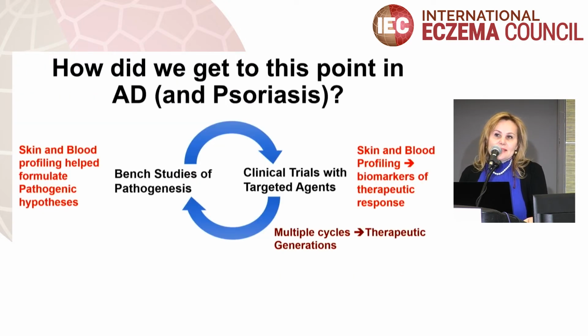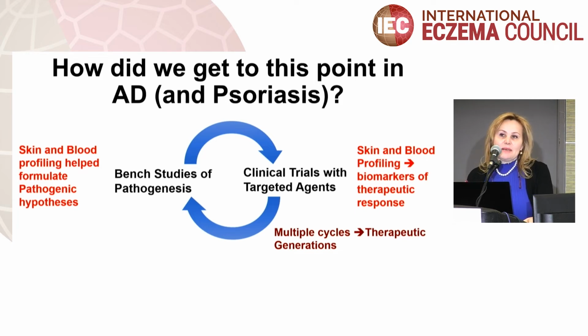So I always like to get back to how we increased the understanding of diseases like psoriasis first and then atopic dermatitis that led to these amazing treatments we now have for both of them, particularly for psoriasis, but now also for atopic dermatitis. It was through bench studies of pathogenesis with skin biopsies and blood, leading to clinical trials with targeted treatments that also had profiling of skin and blood.